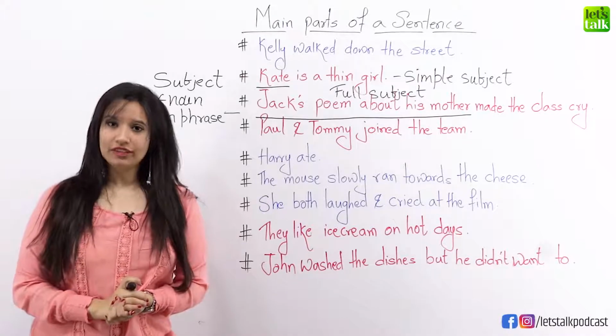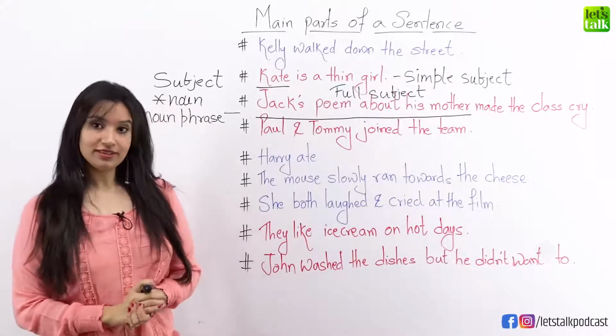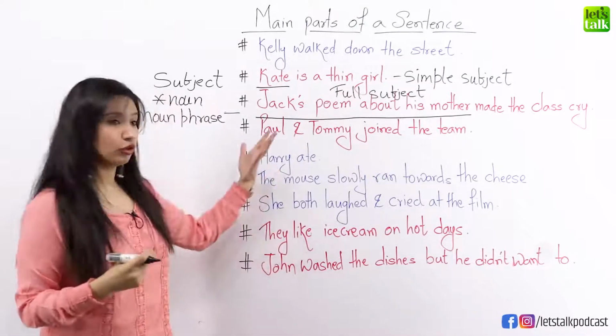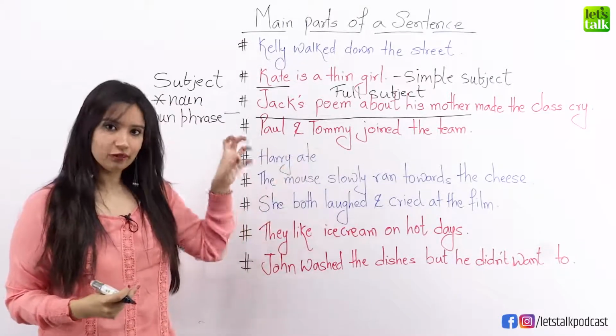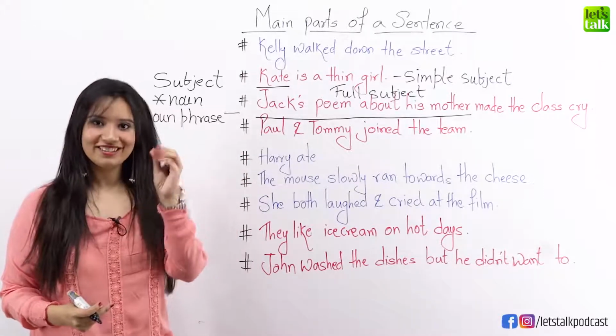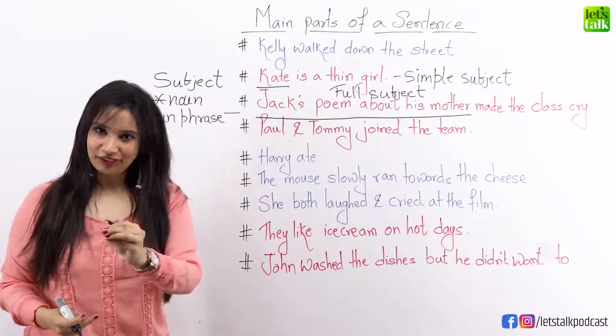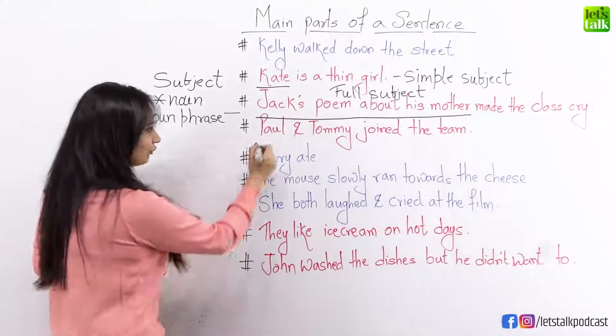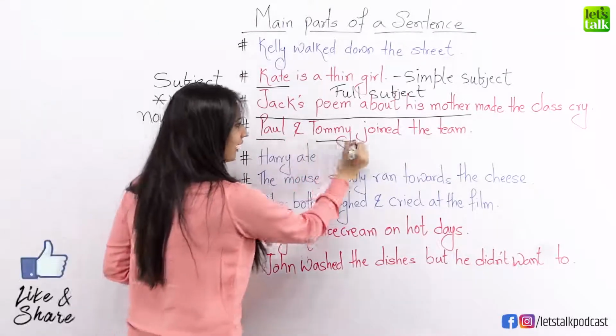Let's look at the next sentence that we have. Paul and Tommy joined the team. So you could ask, who all joined the team? Again, it's answering the question who, therefore we know that we are looking for the subject. Already you know that a subject has to be a noun or a noun phrase, so look for the noun in this one. How many nouns have you got? You've got two nouns, Paul and Tommy.